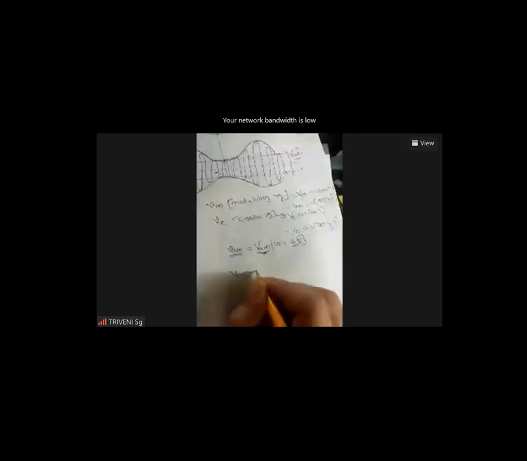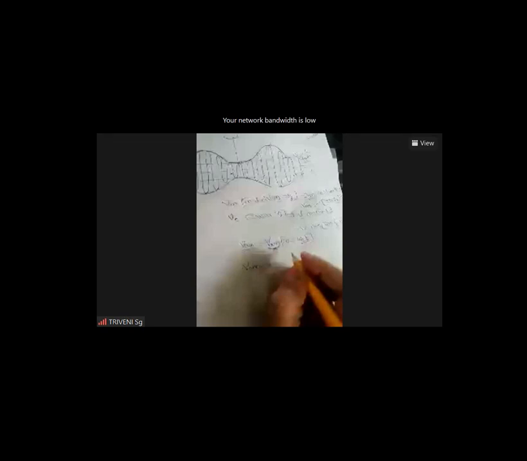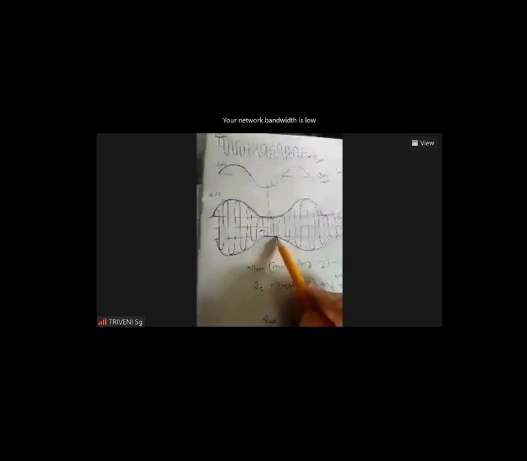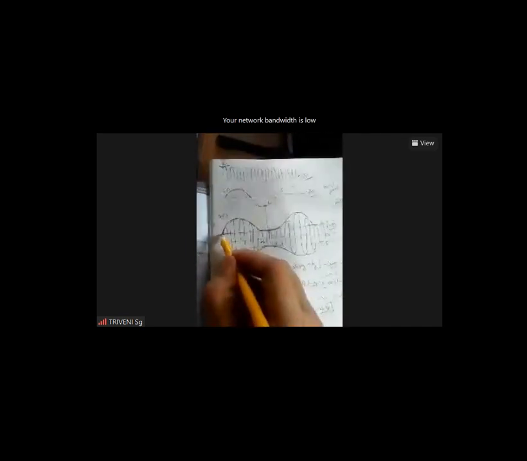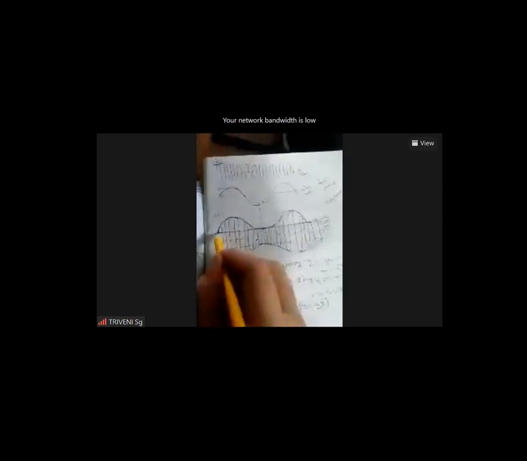Now, in order to derive the expression for VAM, first of all we have to find out the amplitude of the modulated signal, that is VAM. Now look at the screen very carefully.